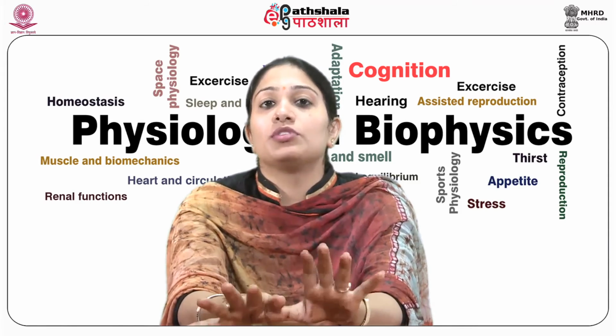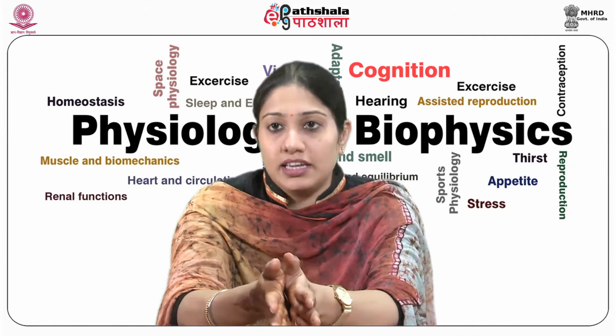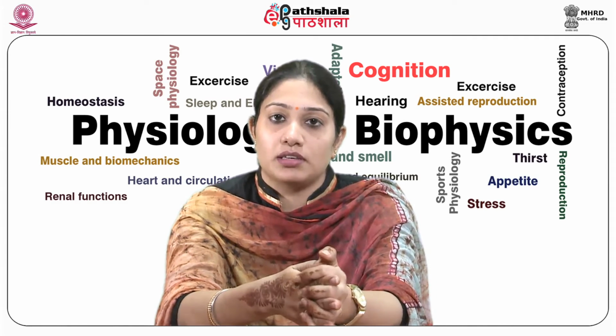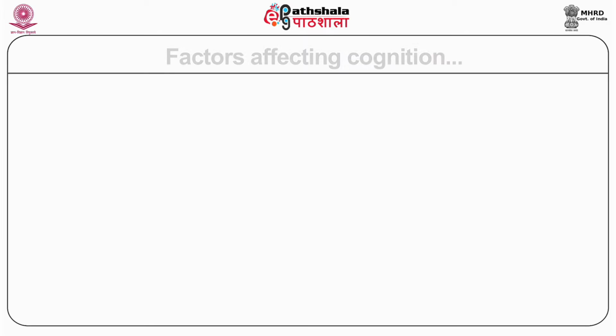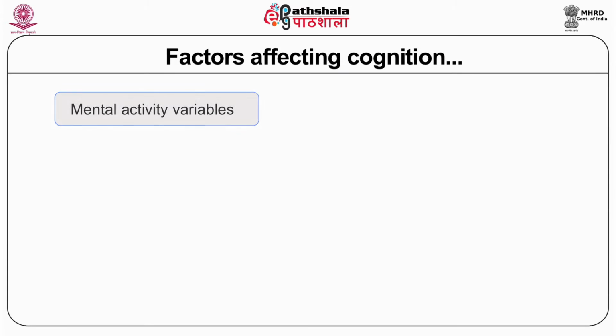So, now coming to the area which is more interesting and application based, that is, how do we assess cognition? So, the mental activity variables, these are the most important thing before you actually administer any questionnaire. They are defined as the behavioral characteristics that affect the efficiency of the mental processes.